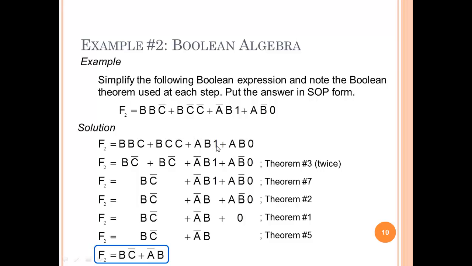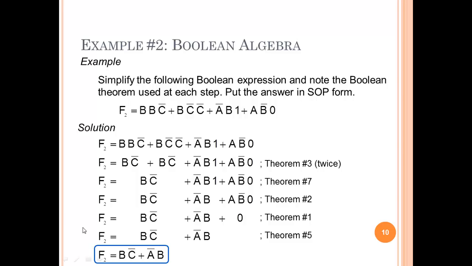Well, I'll follow it through the way I have it here. So B and not C or B and not C is the same as saying like X or X, okay? So that becomes B and not C, okay?